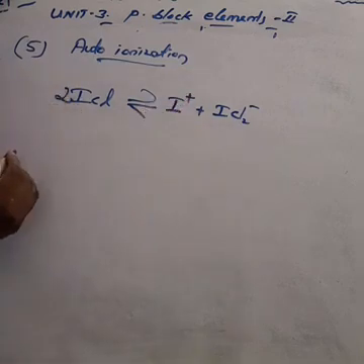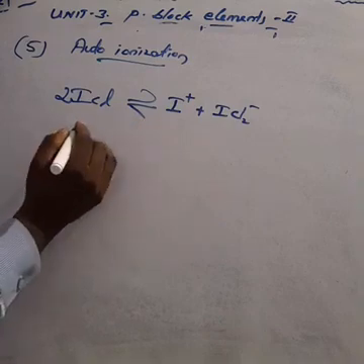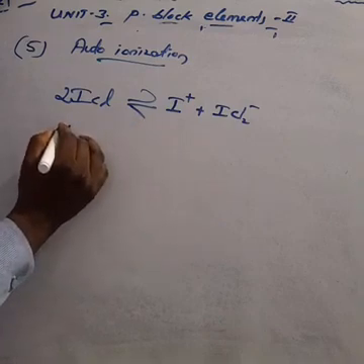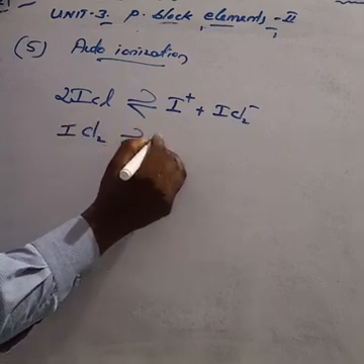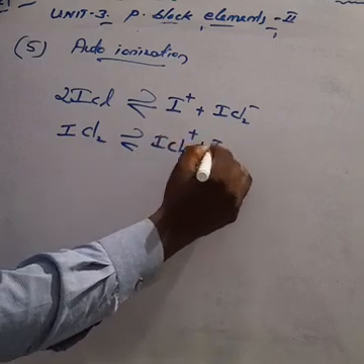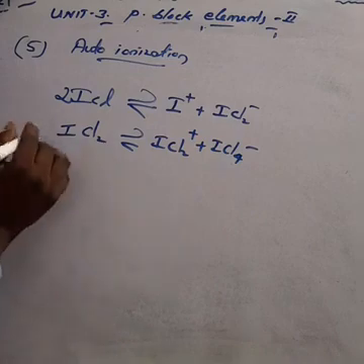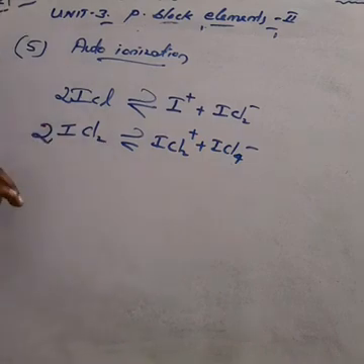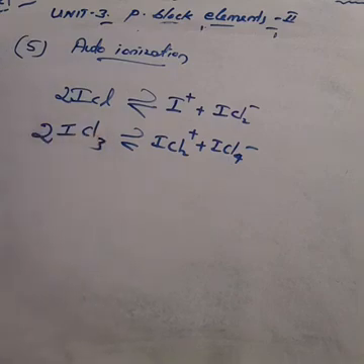This is both a forward and backward reaction. Same with ICl3, forward and backward reaction: ICl2+ and ICl4-. How much chlorine is there? 6 chlorine, so on the reactant side make it 2 into 3 equal to 6. They are strong reducing agents.